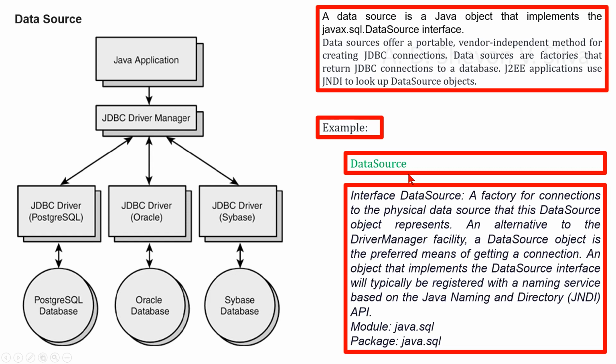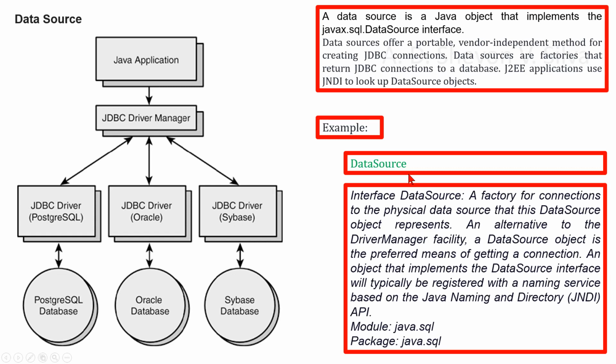An object that implements the DataSource interface will typically be registered with a naming service based on the Java Naming and Directory Interface (JNDI) API. This is in the module java.sql and in the package javax.sql. The DataSource interface is implemented by the driver vendor.